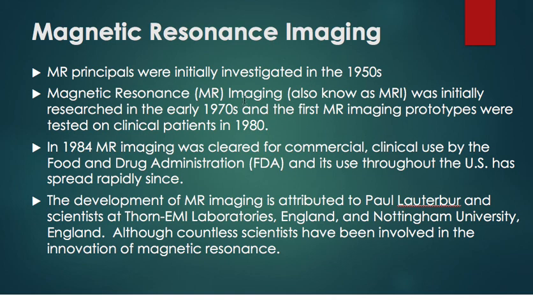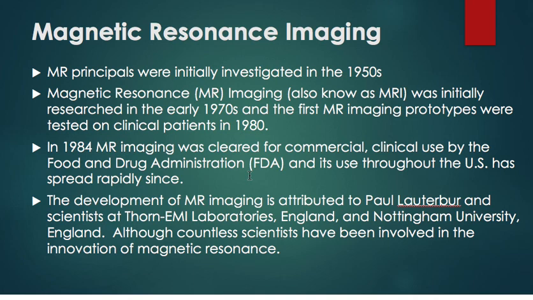It was again researched in the 1970s, and the first MR imaging prototypes were tested on patients in the hospitals in the 1980s. In 1984, MR imaging was cleared for commercial clinical use by the FDA, and its use throughout the U.S. has spread ever since.